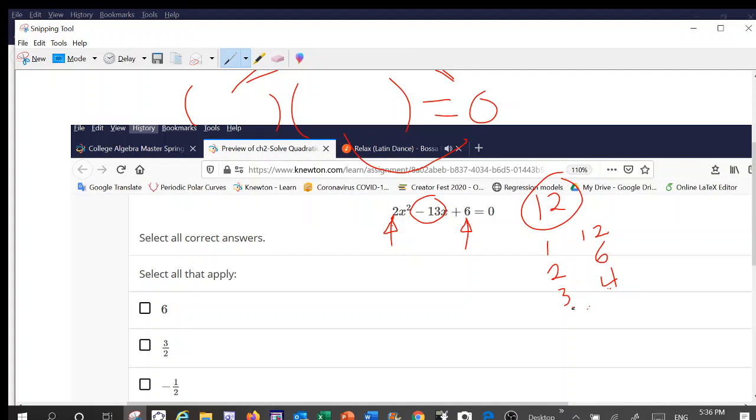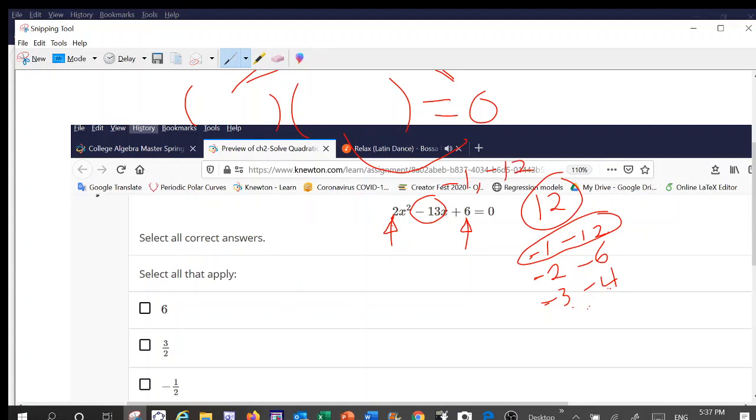Now, we want the one that gives us negative 13. Well, we can't have positive numbers give us negative. So that means these have to be negative. Now, when you multiply two negative numbers, you get a positive number. So if you multiply, you get 12, you add, you get negative 13. So the numbers that we need are negative 1 and negative 12.